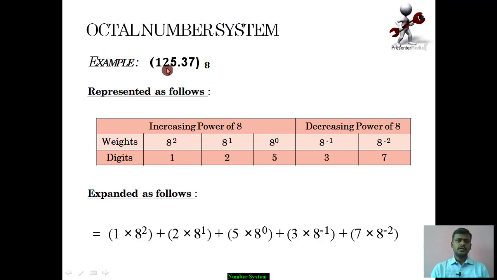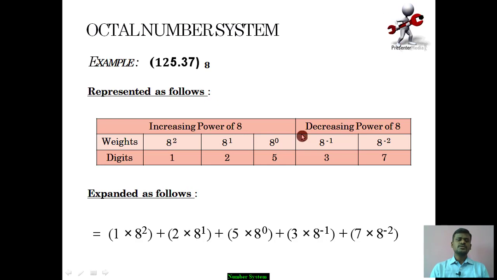Now decreasing powers will be of minus values. So for 3, we will assign 8 raised to -1, and for 7, 8 raised to -2. So this is how we can assign the weights to the digits 125.37.